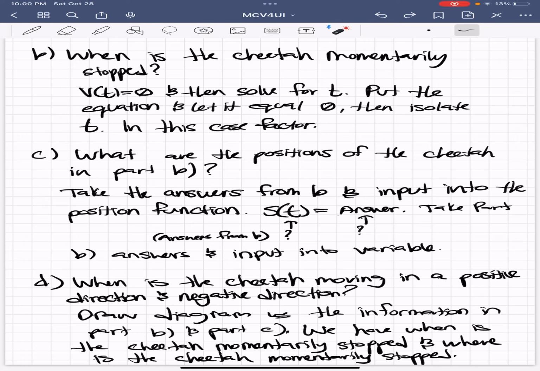So when is the cheetah moving in a positive direction, and when is it moving in a negative direction? So we draw a diagram with the information in part B and part C. We have when is the cheetah momentarily stopped, and where is the cheetah momentarily stopped as well.